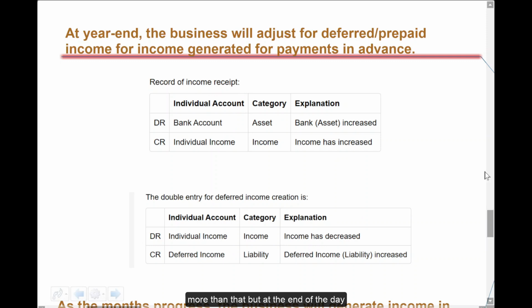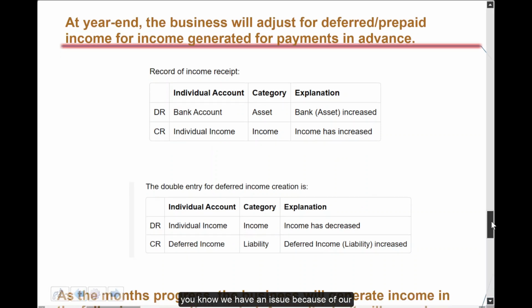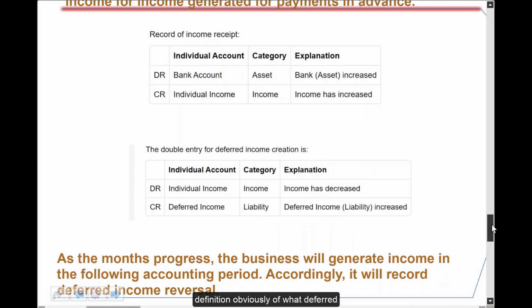But at the end of the day, we have an issue because of our definition, obviously, of what deferred income actually is. It's income in advance. We need to adjust for this deferred income creation. How do we do that? Well, we cannot allow this income just to sit within income. We need to move it.